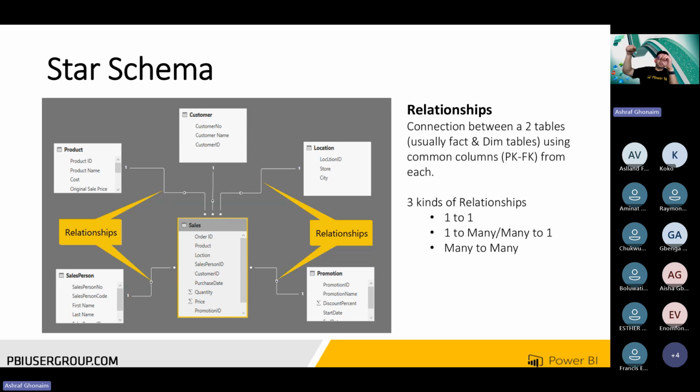So one dimension will go and filter the fact, and the fact can go and filter back the other dimension, which could be an advanced topic for you guys. I don't want to get lost in the details, but inside Power BI we have single relationship and both relationship. So in this scenario, to maintain the relationship between the two dimensions, we have to make sure that we have the both relationship to allow one dimension to filter another dimension using the fact table as an intermediate.